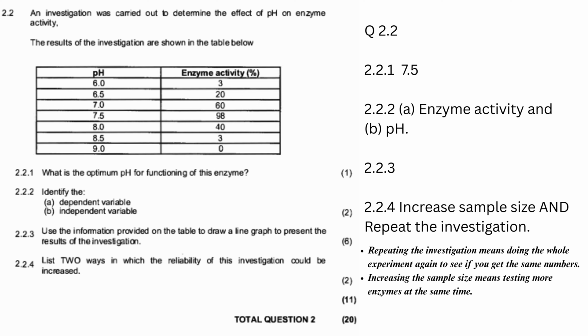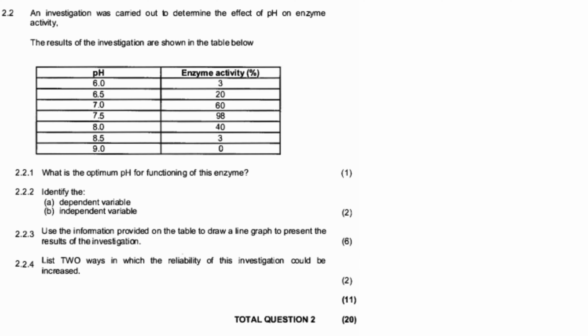Why is that important? Because if we only test something once, it could be a fluke. But if you do it 100 times and get the same answer, you can be much more confident that your results are reliable.